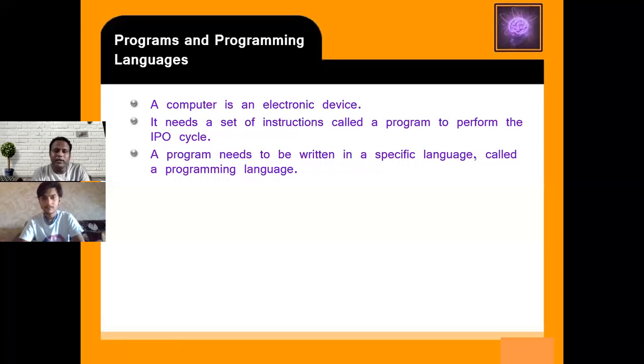So a computer is an electronic device. It needs a set of instructions called a program to perform the IO cycle. The computer doesn't understand anything, so you have to give an instruction. Like in a keyboard, there is a Windows option. The Windows key opens your desktop or window.